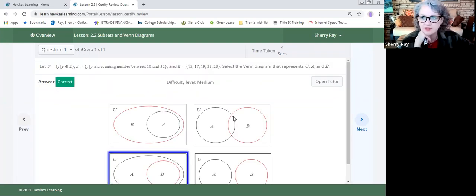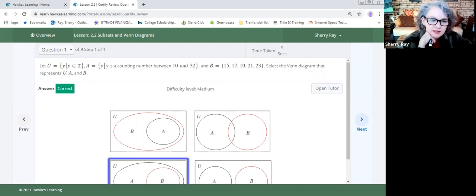So in this Venn diagram, it says U is the universal set, and Y is a counting number between 10 and 32.